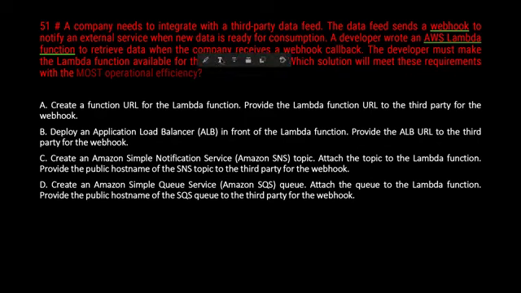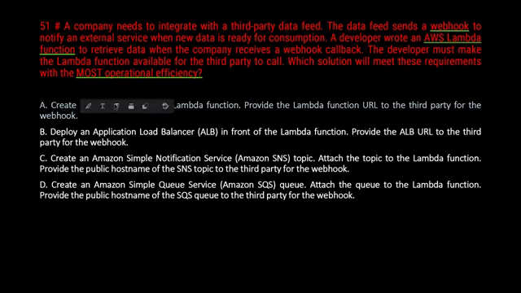All right. So whenever you see keywords like AWS Lambda and the webhook, there is only one option to pick, which is create a function URL for the Lambda function, because this is a feature of Lambda where you can create a function URL. Then you provide that Lambda function URL to the third party for the webhook so that it can send the data using that.